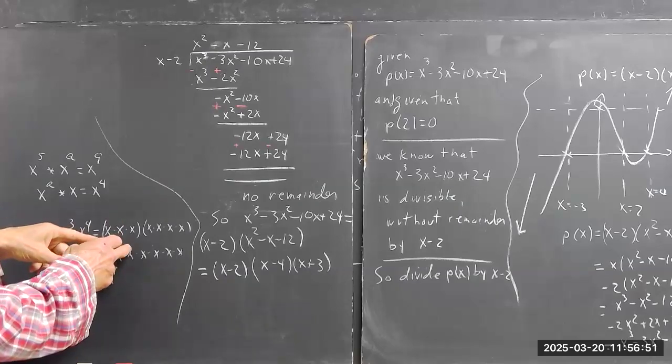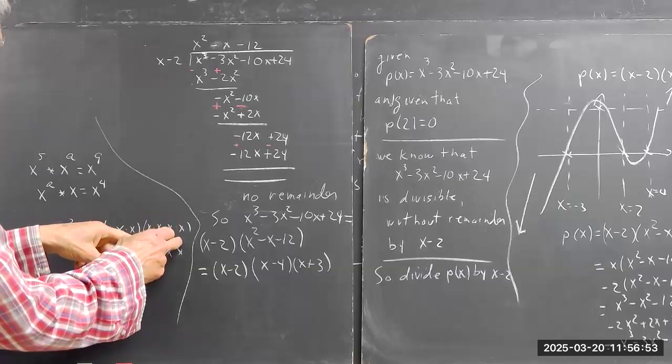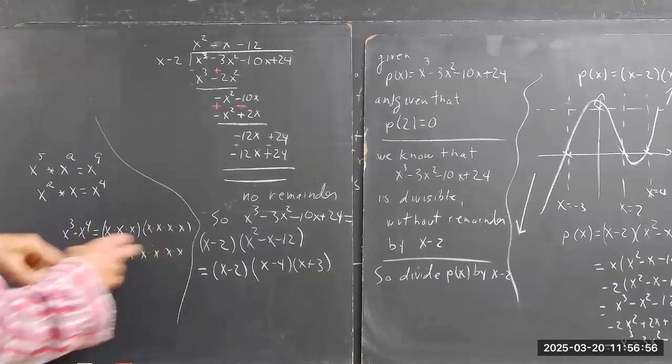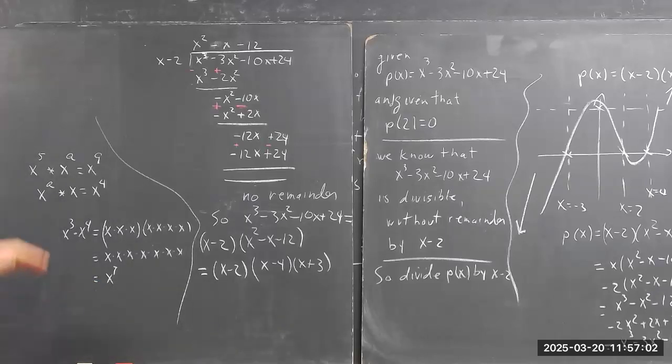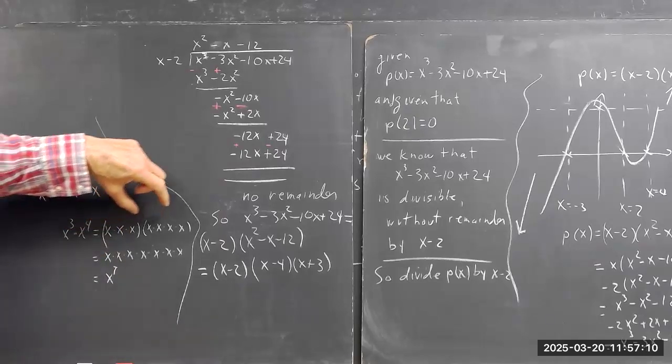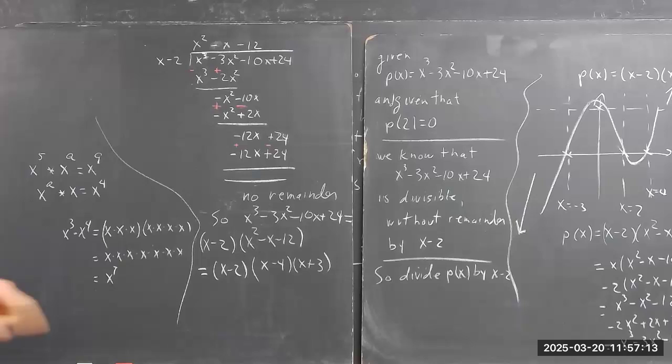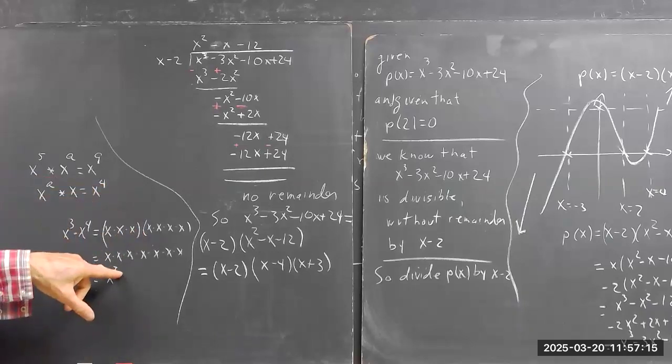If you got 3 x's multiplied together times 4 x's multiplied together, that means you got 7 x's multiplied together, which means you got x to the seventh. Now then we look at x to the fifth times x to the a equals x to the ninth. What does a have to do? Well, you're going to add the number of x's here to the number of x's here to get the number of x's here, and that's going to be your exponent.